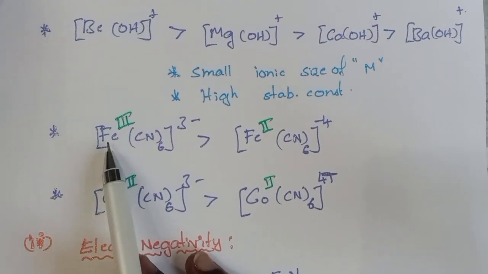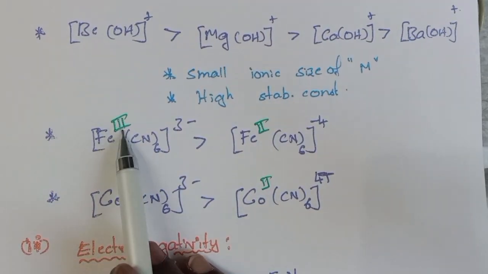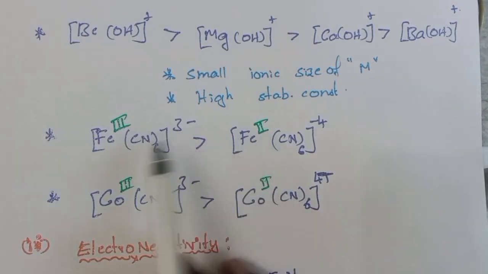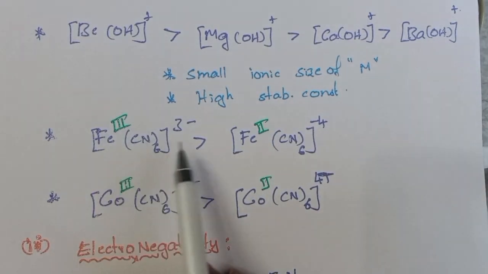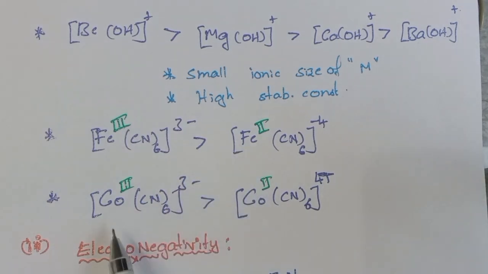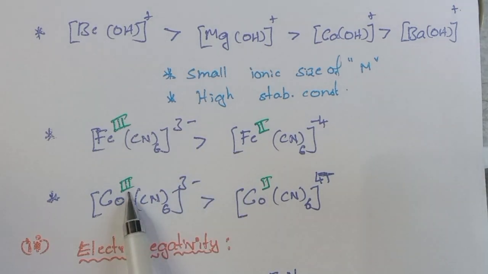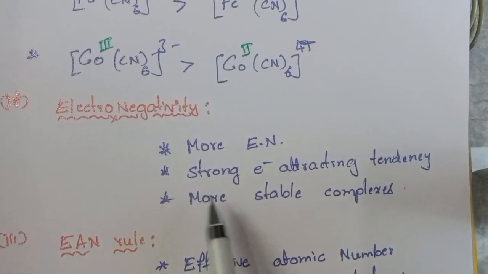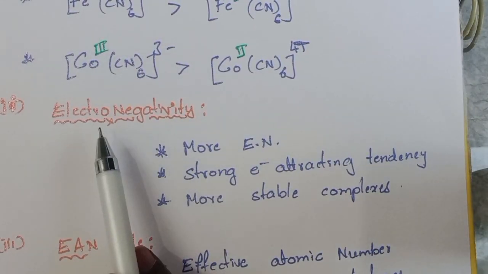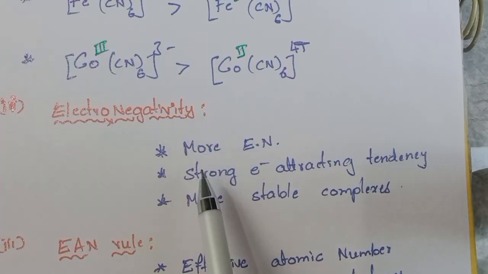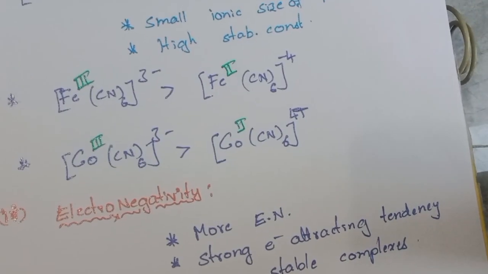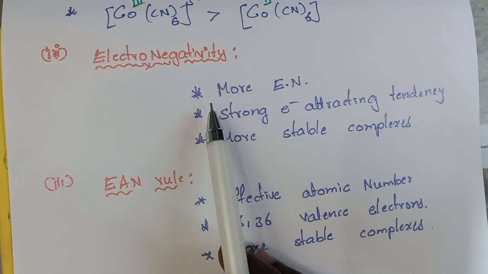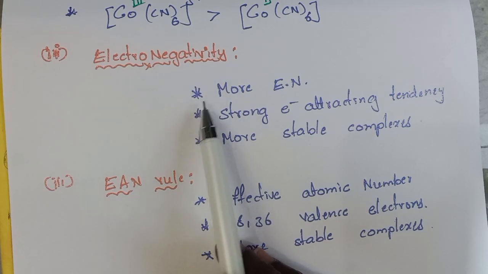If we see this complex, the iron is in the plus 3 oxidation state. Here the iron is in the plus 2 oxidation state. A high charged metal ion will form a more stable complex. Here the cobalt complex also has a high positive charge, so it is forming a stable metal complex. Next, the electronegativity of the metal ion also plays a role to form strong metal complexes.